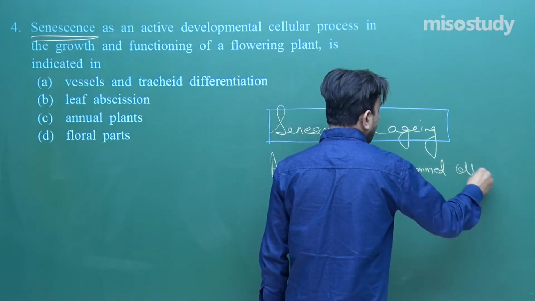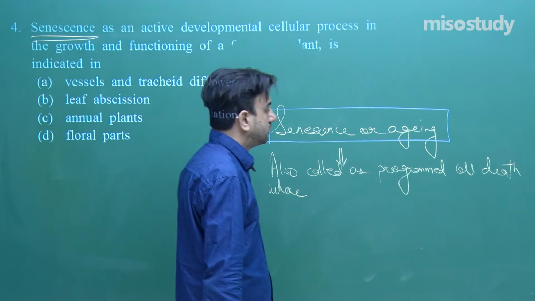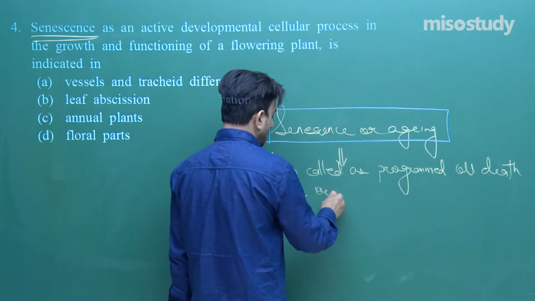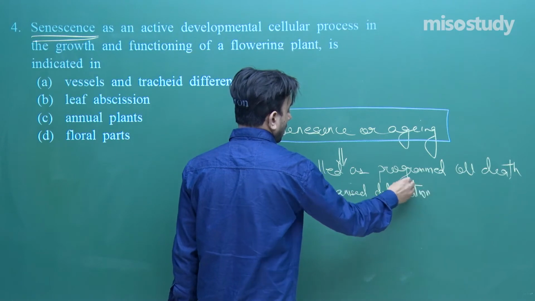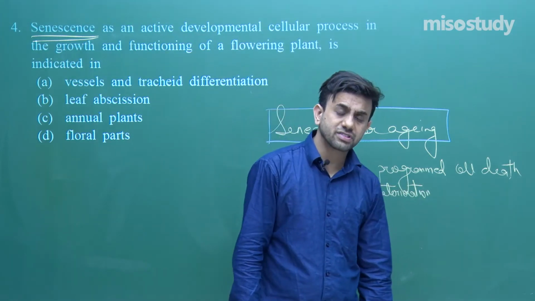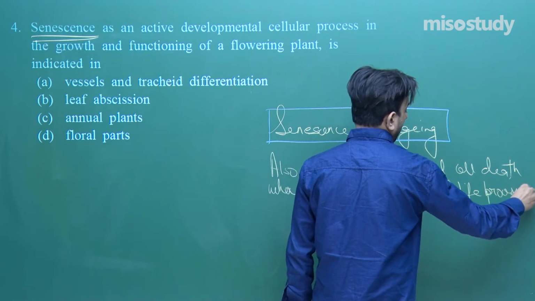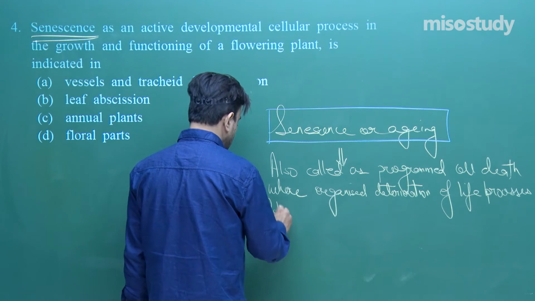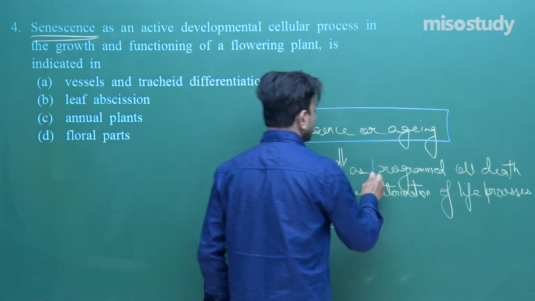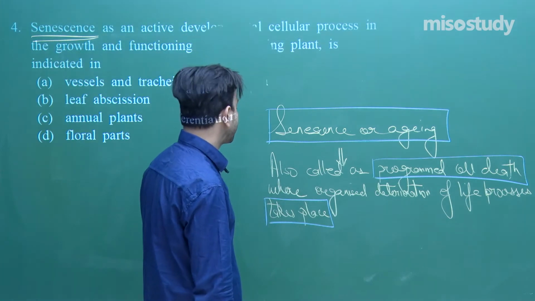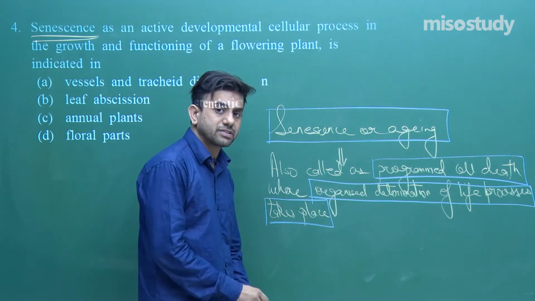This is the fourth question. Senescence or aging, also called programmed cell death, where organized deterioration of life processes takes place.